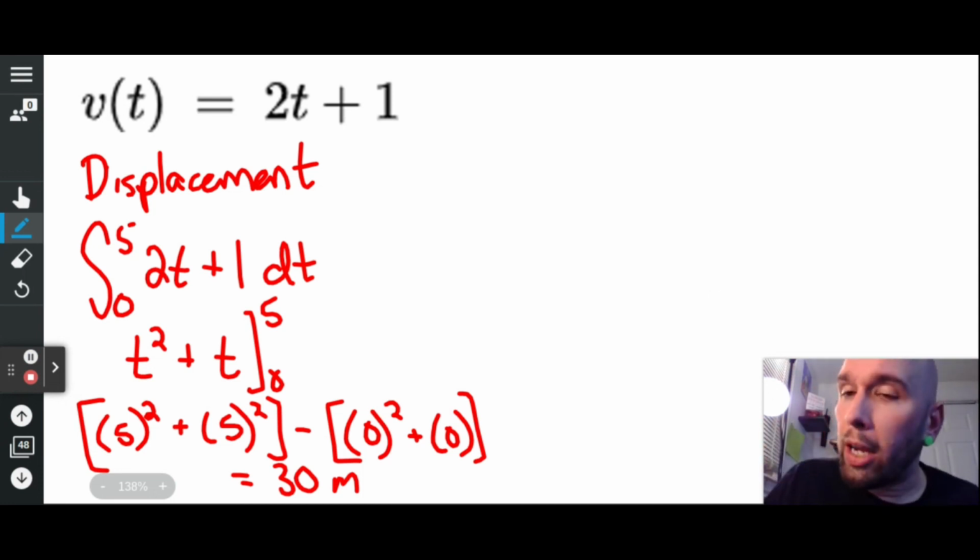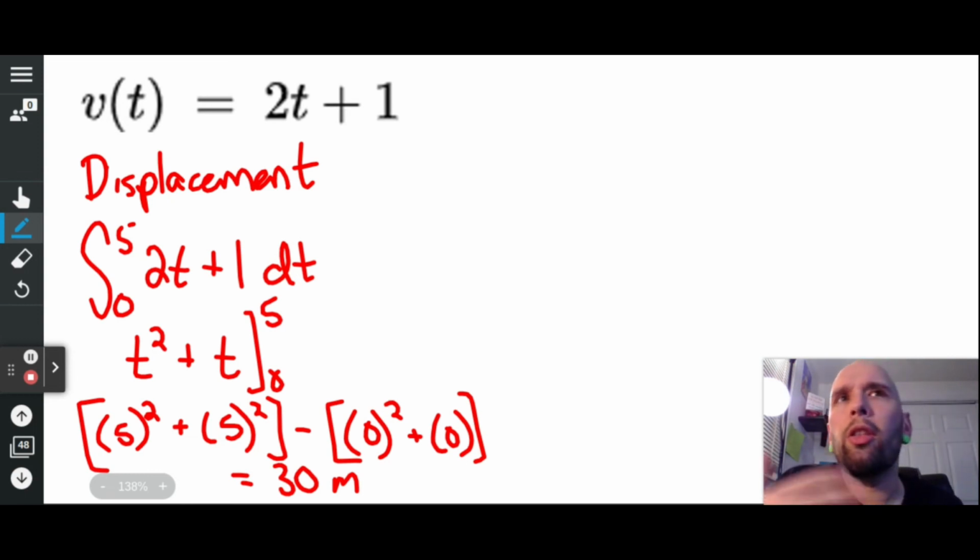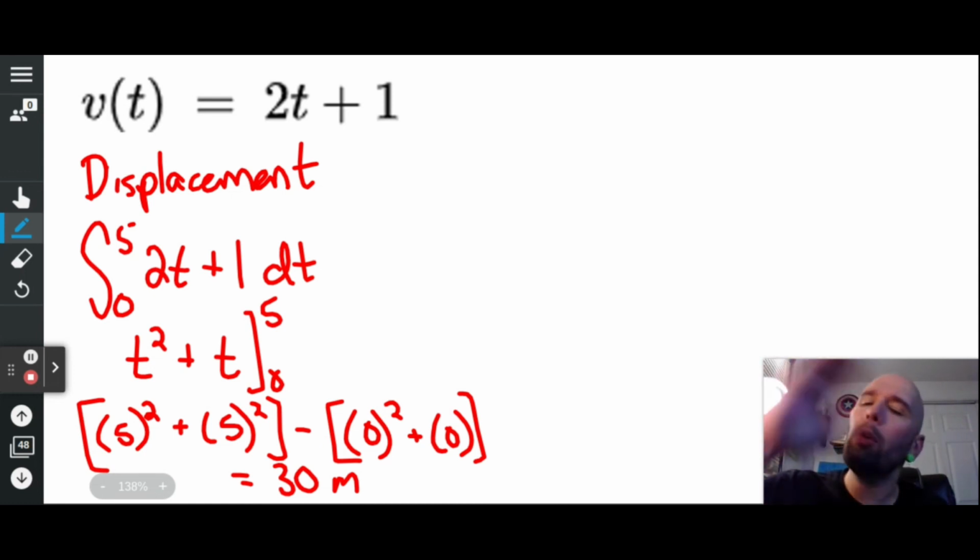So the way we find distance, we have to consider the fact that the displacement is I'm 30 meters forward. Now if this item has a velocity, well, we'll see. Tell you what, this is how you find distance.